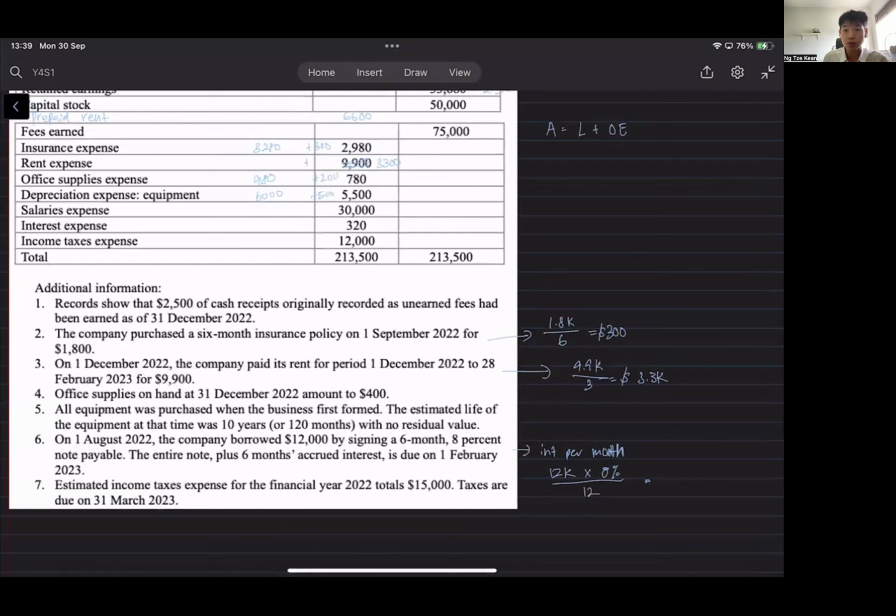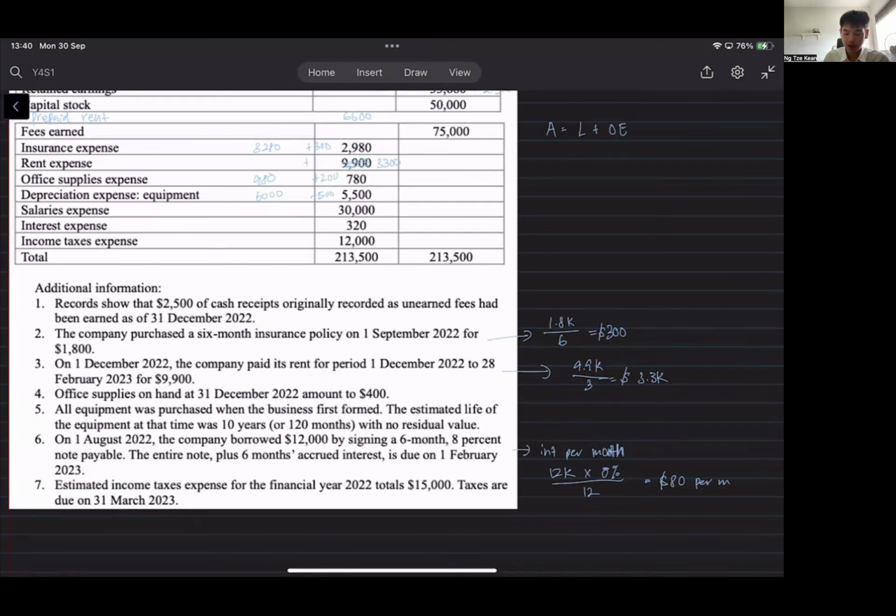So to calculate this value, I believe this value should be 80 per month. Do correct me if I'm wrong because I recorded this value down a while ago with a calculator, so I hope I punched in the correct numbers.